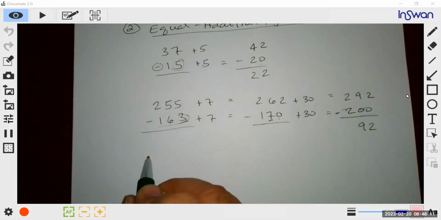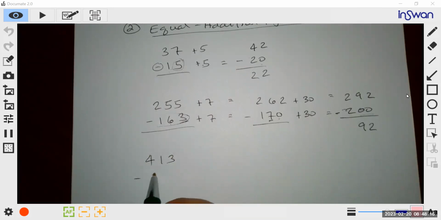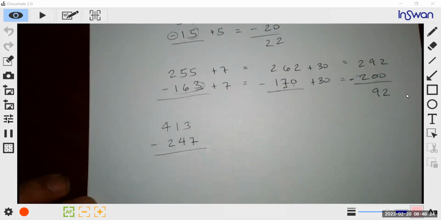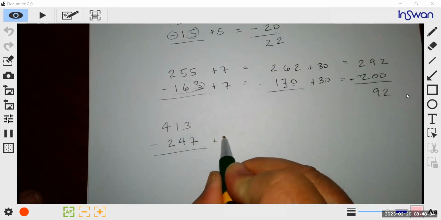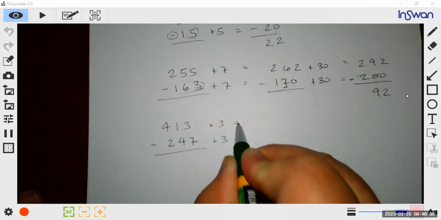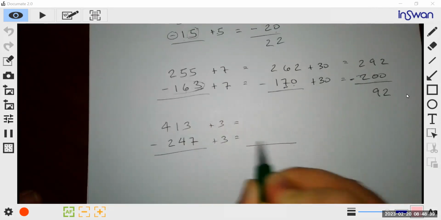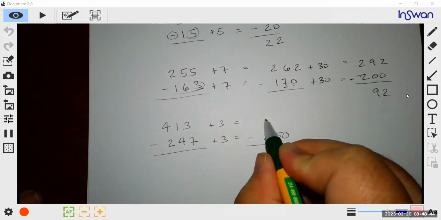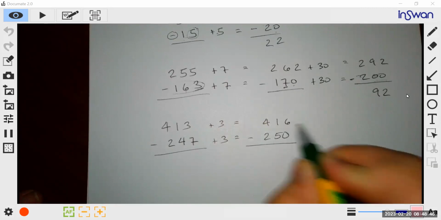let's look at another one. 413 minus 247. The first one would be 3. All right, so we add 3 to both of them. Which would bring the bottom up to 250. And 416 on the top.